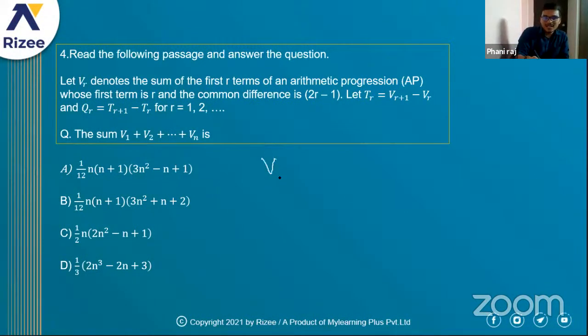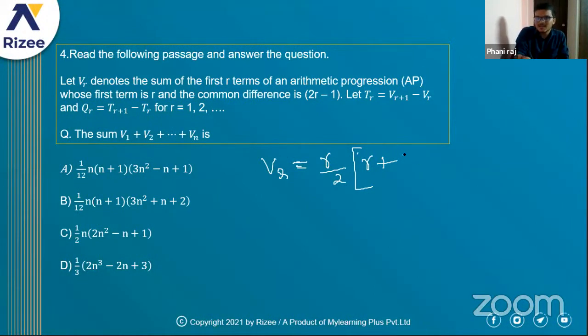V_r is the sum of the first r terms of an arithmetic progression whose first term is r and the common difference is r minus 1. Using this information, let's first compute what V_r is. How many terms? First r terms. So n by 2 will be r by 2 into the first term r plus the last term.